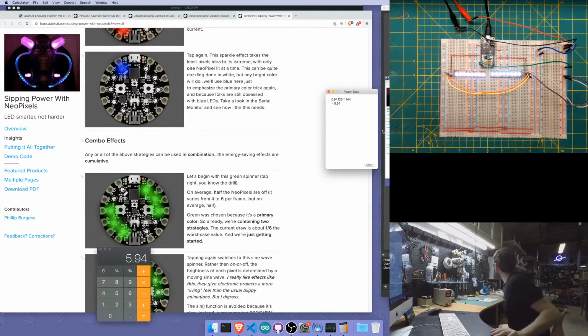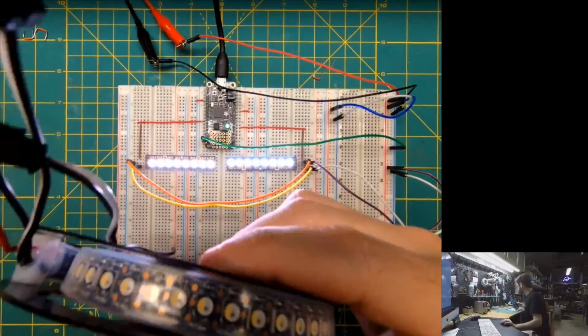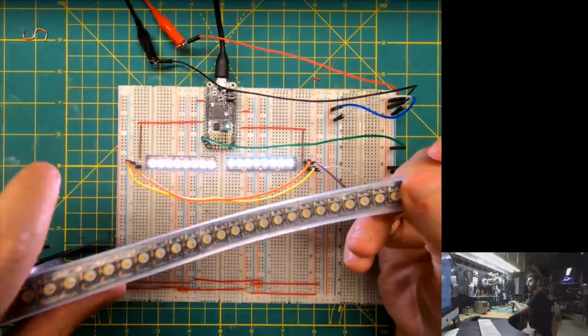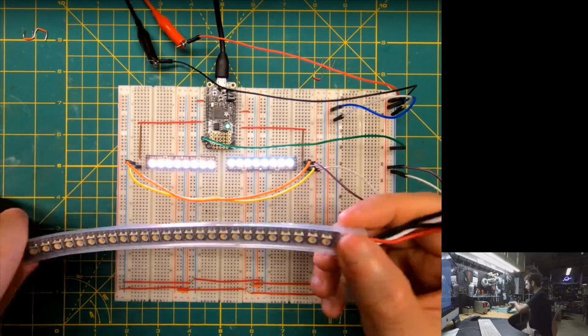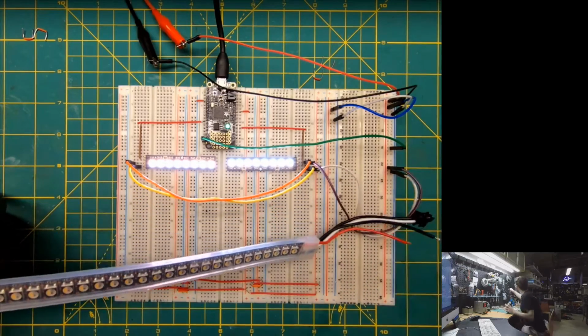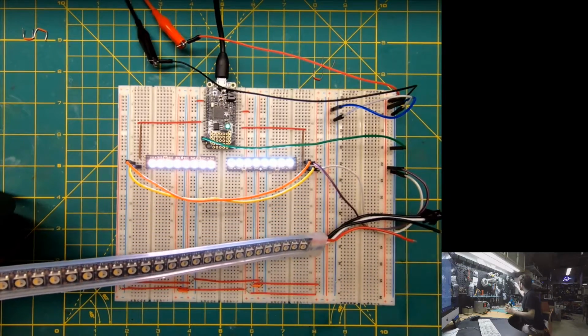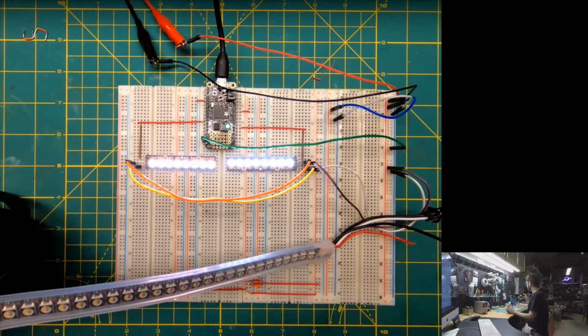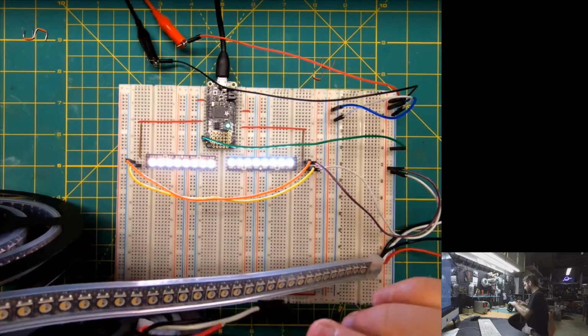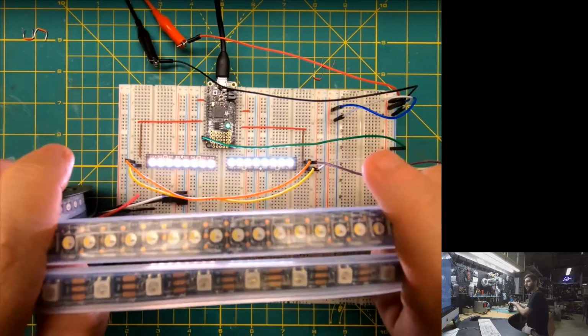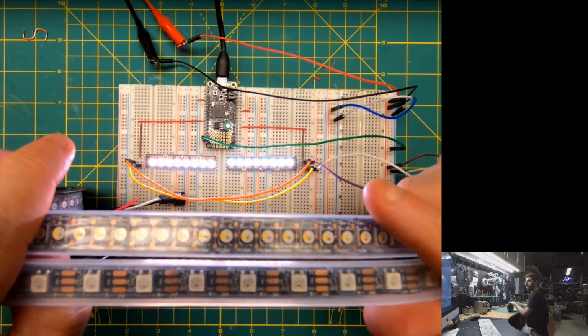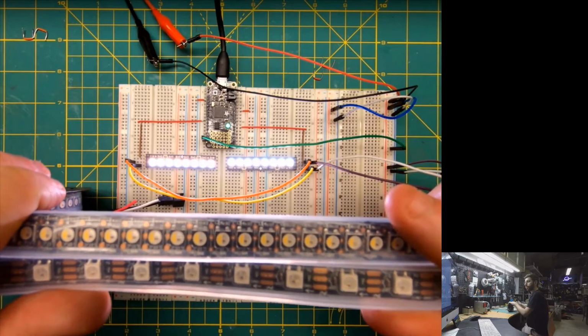Here is a 144 LED strip, 144 LEDs per meter, so super dense, versus I think this is, I don't know, whatever the next step down is. So roughly twice as dense.